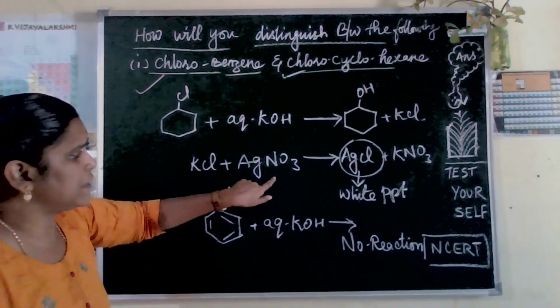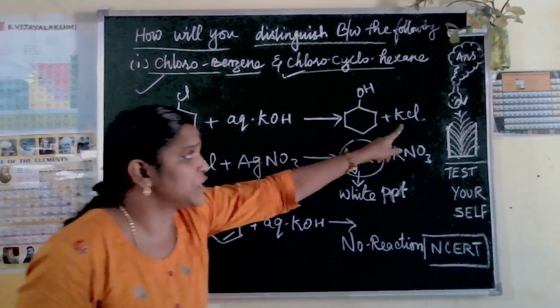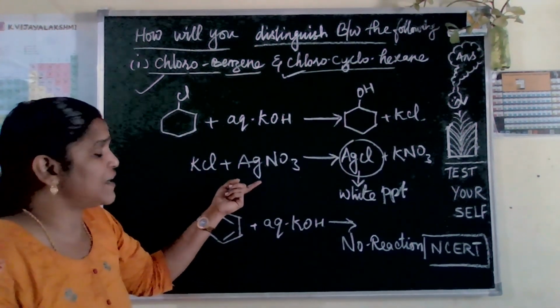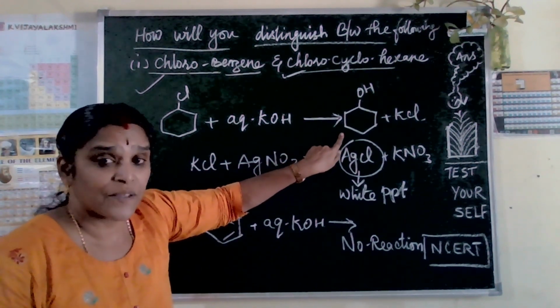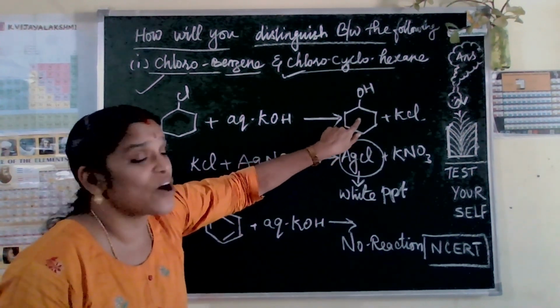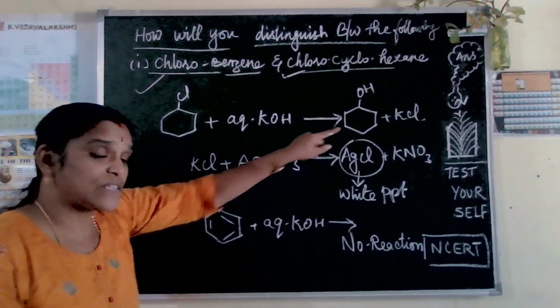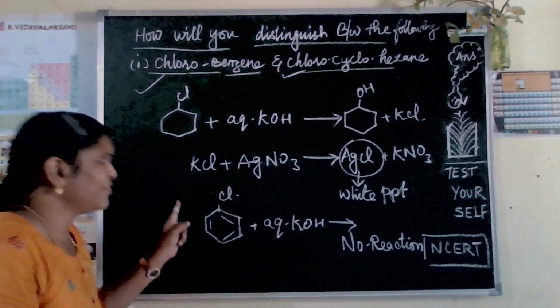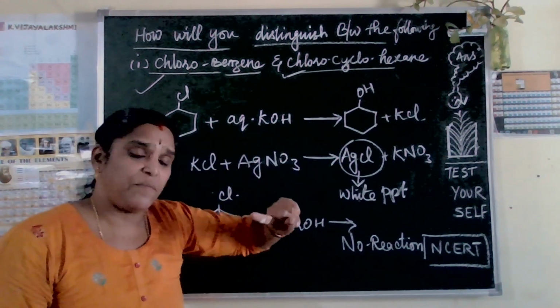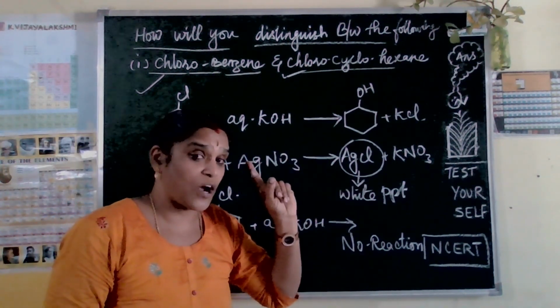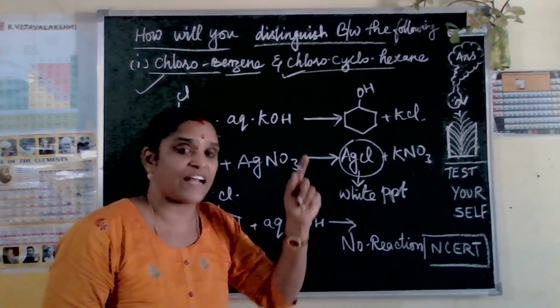Before adding the silver nitrate, first you should get KCl, and only then can you add silver nitrate. When it reacts with KOH, you get cyclohexanol, that is, alcohol formation. Alcohol formation means substitution or elimination. I hope you are clear with that substitution and elimination reaction.